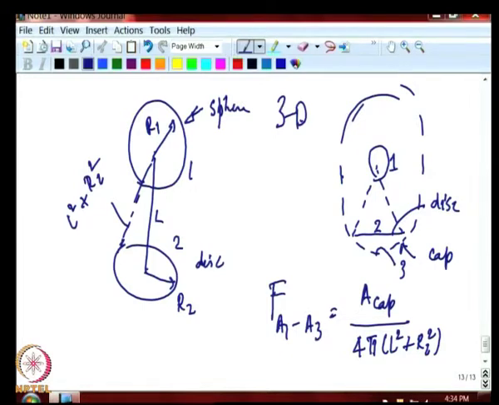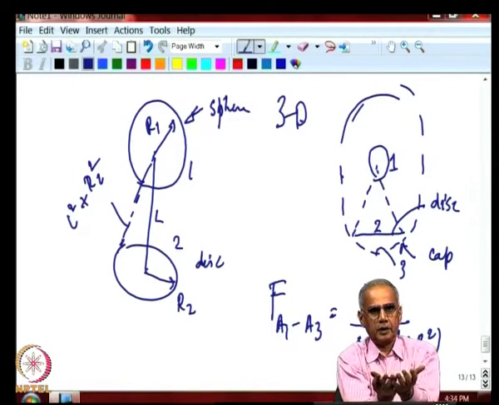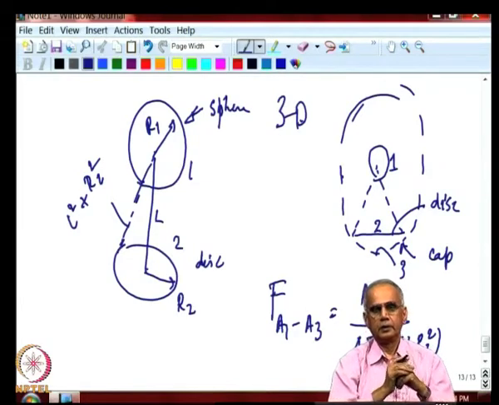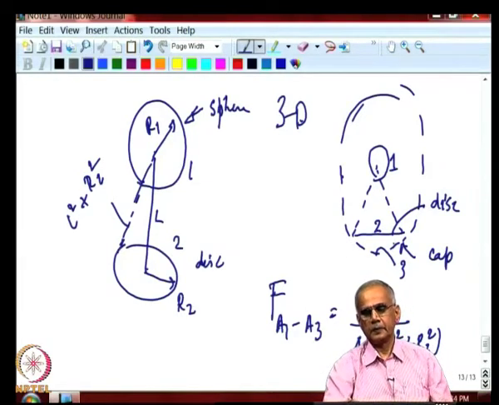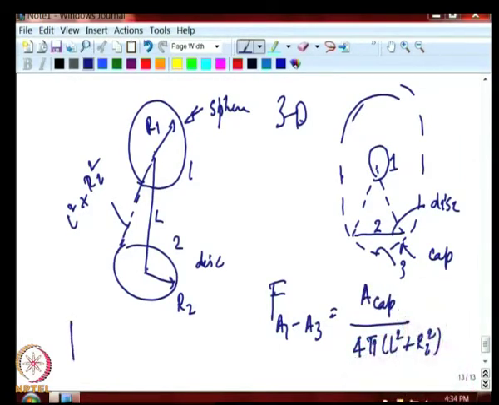So, what we have done here is we have just exploited the fact that you can draw an imaginary sphere around this sphere which encloses this disk. So, the argument is that F a1 to a2 has to be equal to F a1 to a3. This is common sense that any radiation which leaves 1 and crosses 2 has to also reach 3.